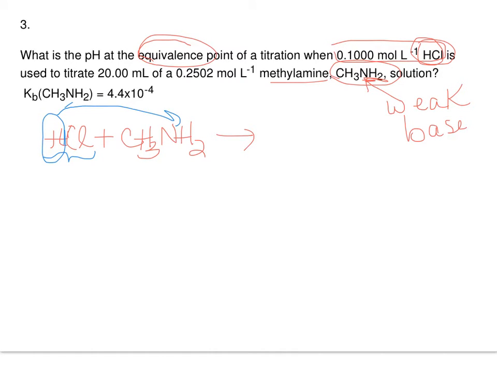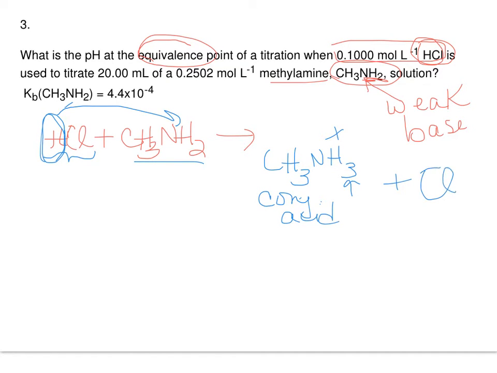So when we do that, our originally weak base adds another hydrogen, takes on a plus charge, and it is the conjugate acid of the original weak base. What's left over after this HCl donates the hydrogen?